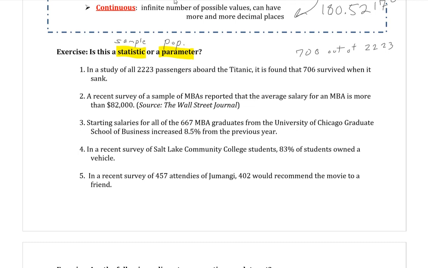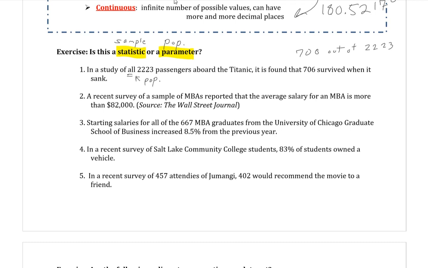Now, to describe whether this is a sample or population, I'm going to look at context within the sentence. The main word that I see here is kind of small, is the word all. Since it says that it is the study of all passengers aboard the Titanic, that means I'm describing every single individual aboard the Titanic. That means that this is a population that's being described.